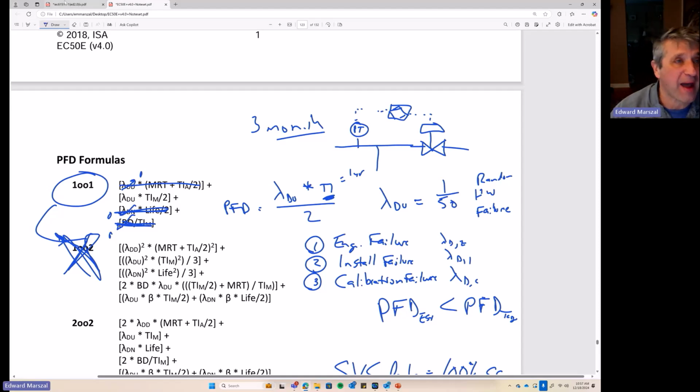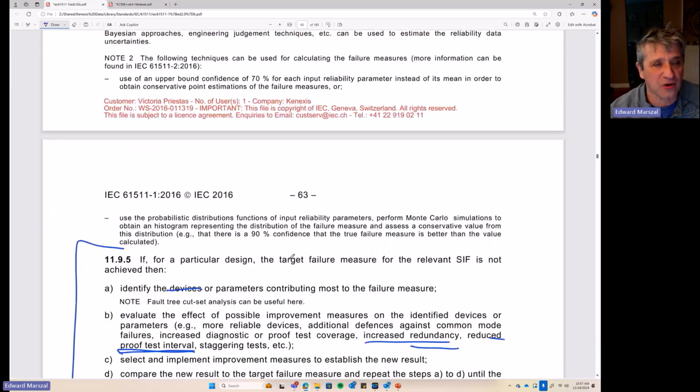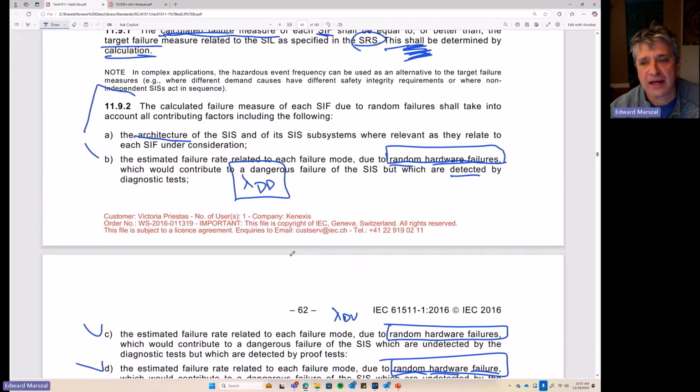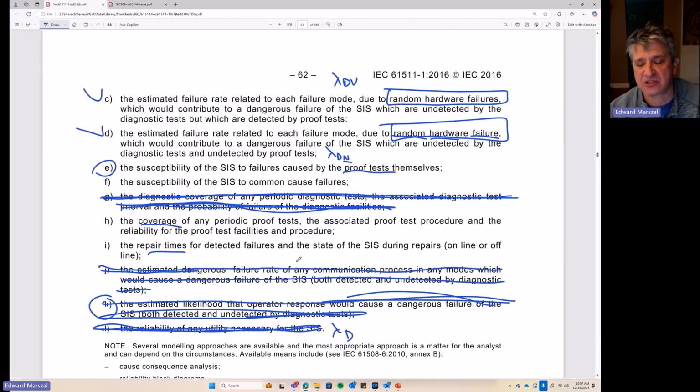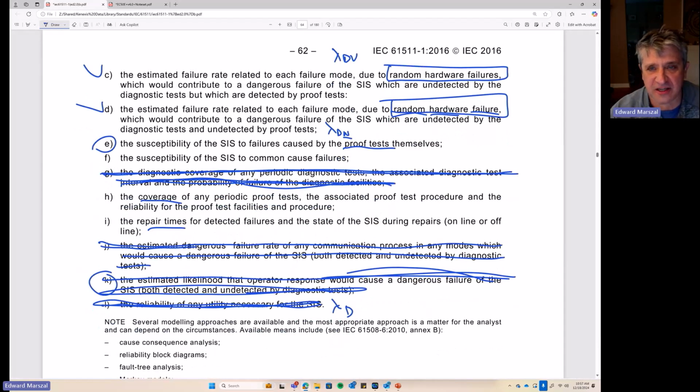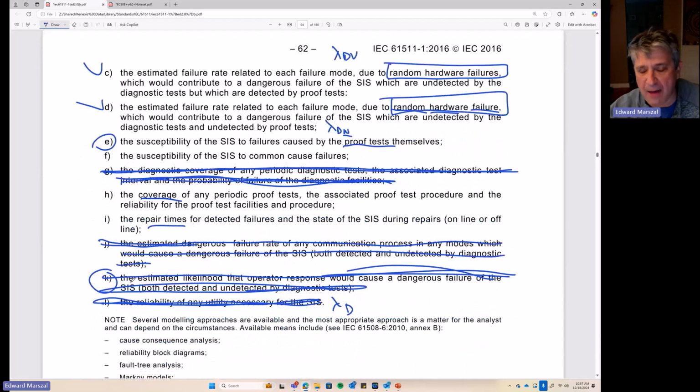All right, so now we're back to looking at clause 11.9.2 in the state that it's going to be after the IEC 61511 committee fixes it. We're going to get rid of that pesky clause K because that just confused people, and we don't want anything that has a human being in it considered for achieving a SIL.